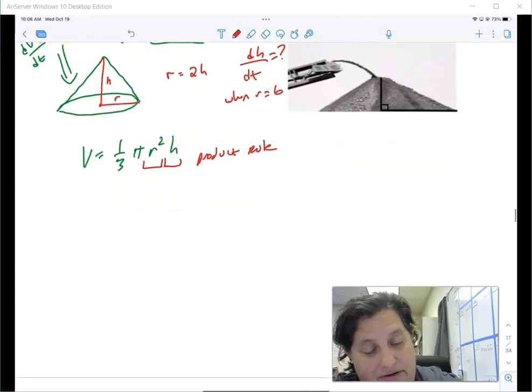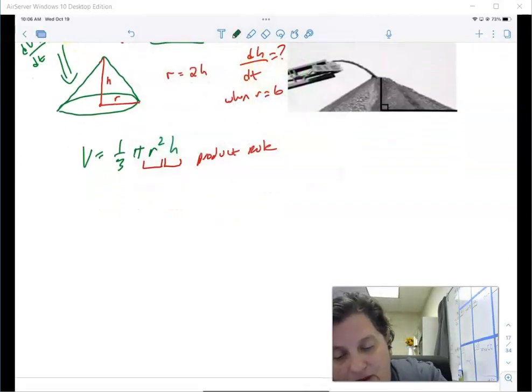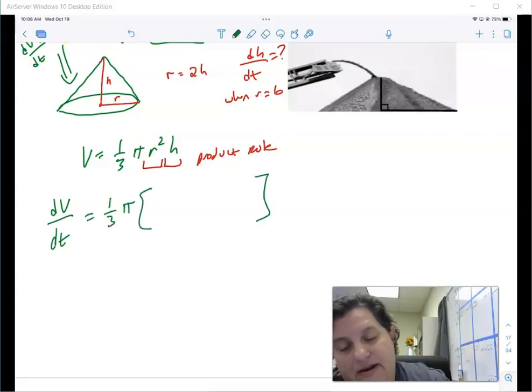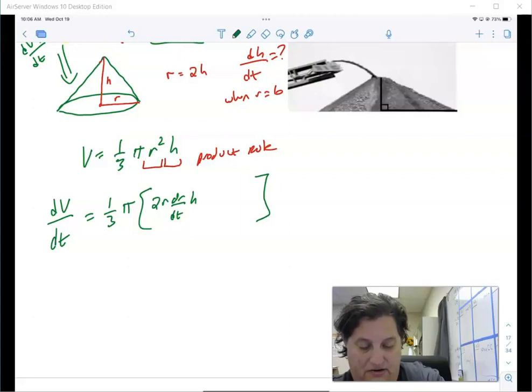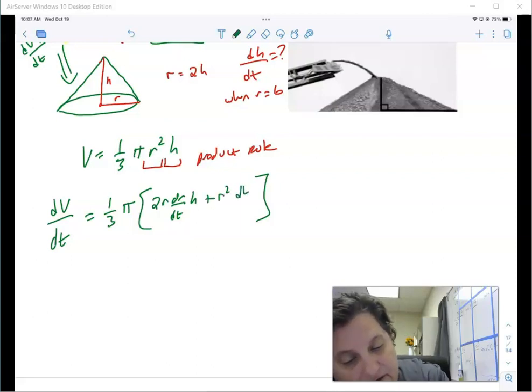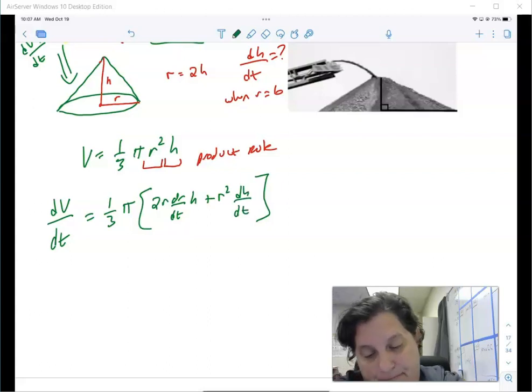I'm going to show you a couple of different ways to do this. Okay. dV/dt is 1/3 pi, and I just put the 1/3 pi out front so I don't have to mess with it. Derivative of the first times the second plus first times derivative of the second.